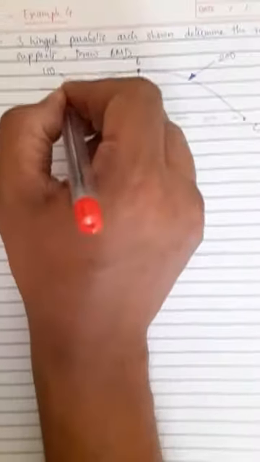Let these angles be with respect to horizontal, 45 degrees, 30 degrees. Let the total span be 20 meters, so it will be 10 meters for half the span.